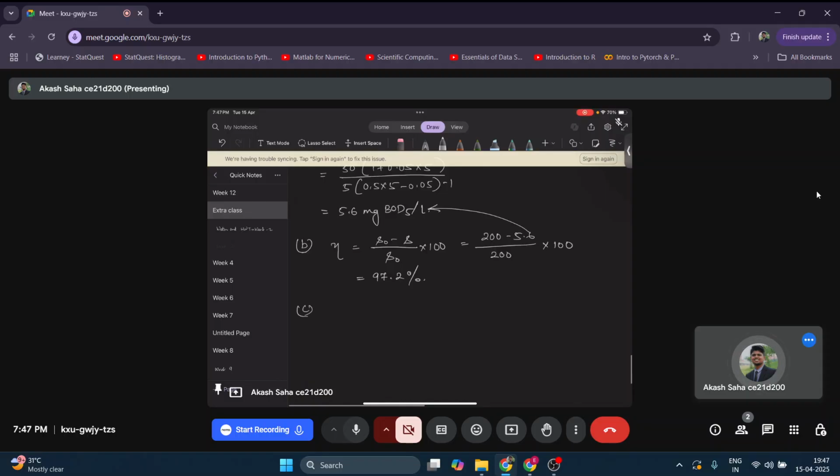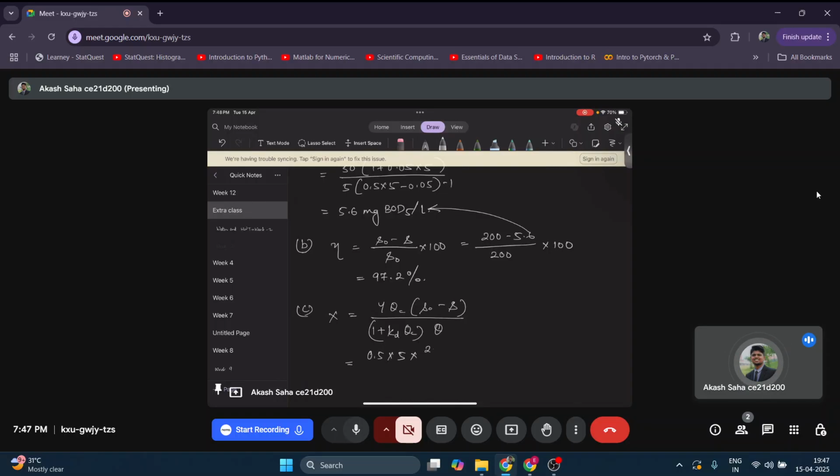Then what is the MLVSS, or the aeration tank microorganism concentration? So Y will be equal to 0.5 into 5.